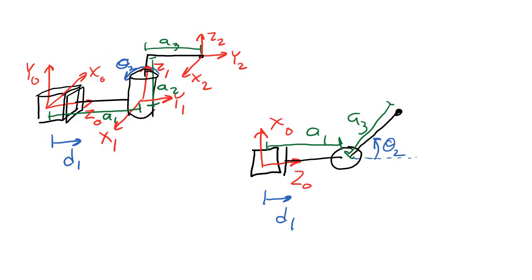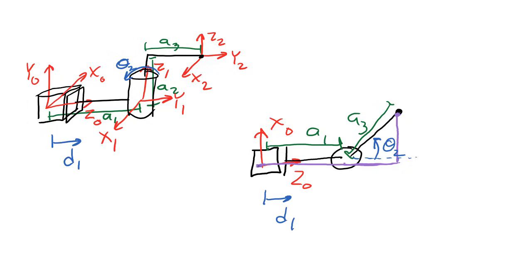Okay, now the first thing we need to do is identify the end effector position in this picture. The end effector is right here, so now I'm going to make a triangle that shows its position. It's tempting to use the link length A3 as the hypotenuse here, but that isn't true if we're trying to show the position of the end effector.